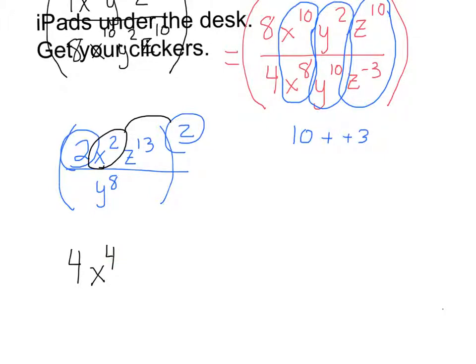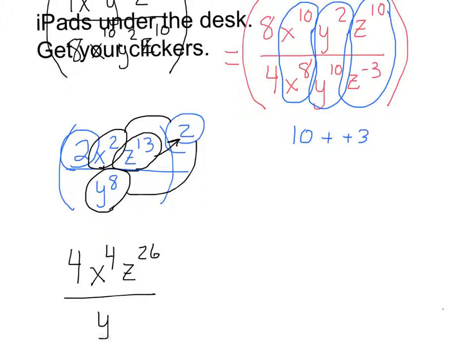So you multiply. So z to the 13th squared is z to the 26th power. And then y to the 8th squared is going to be y to the what? 16th power. And that's your final answer right there. That's the simplest that you can get it.